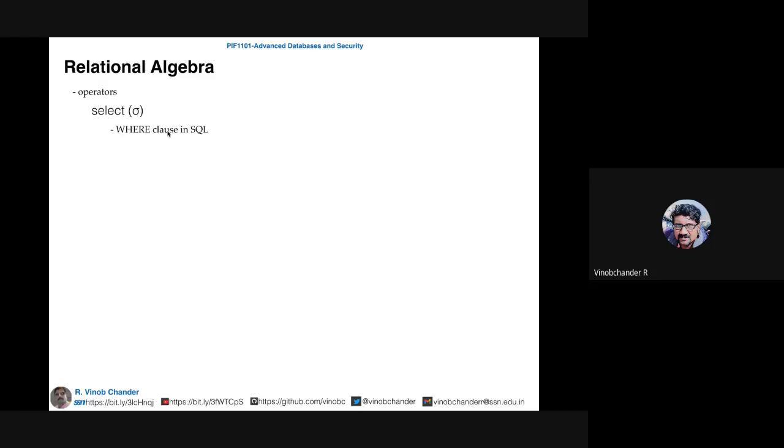In fact, when you say select certain attribute names from a table where a condition is met, you are retrieving the columns. So that you can map to the projection operator, which we'll see probably either today or in the next class. Understanding, guys?